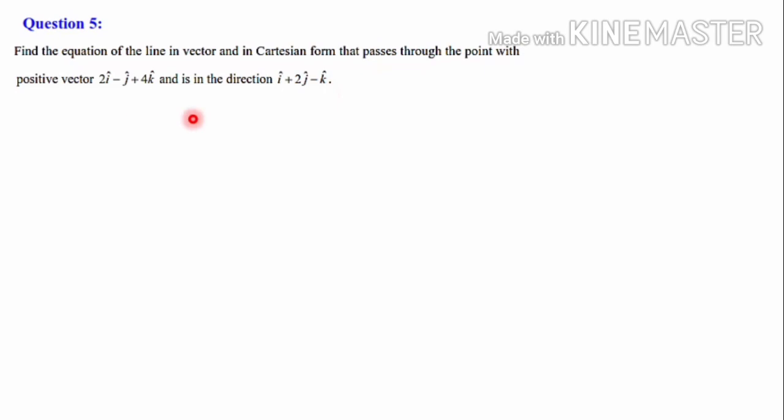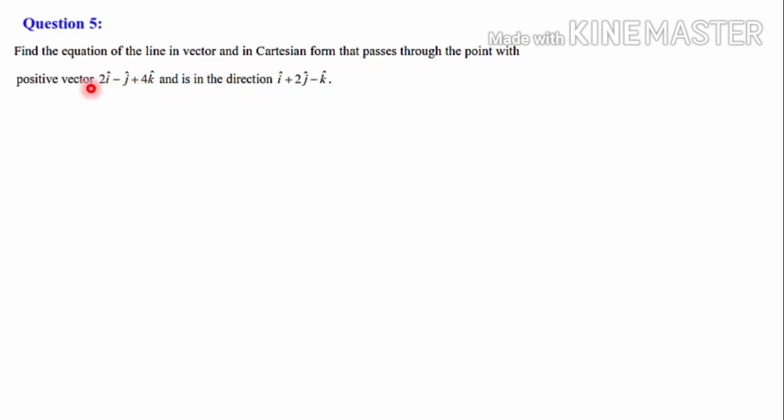Here, first of all, you have to go through the question clearly and identify the formula. The line passes through one particular point. The vector form is given there, 2i cap minus j cap plus 4k cap, which means the coordinates we can write directly from here.